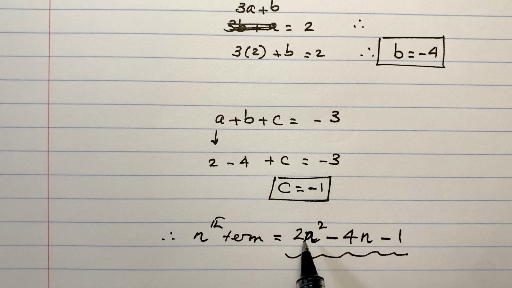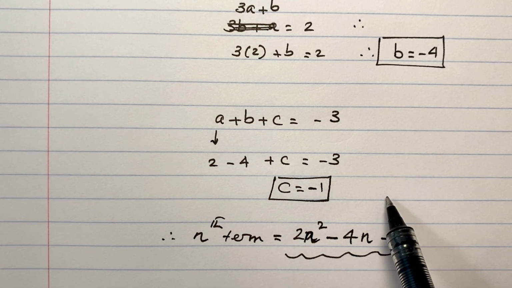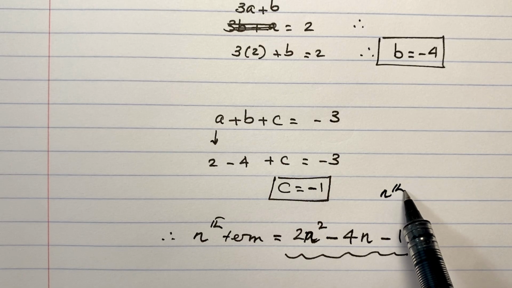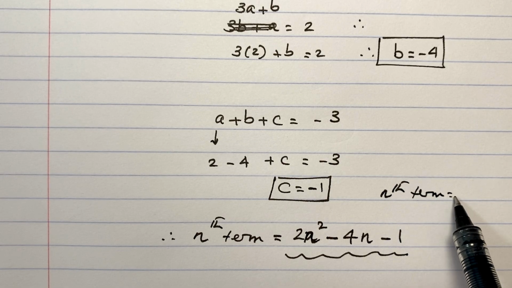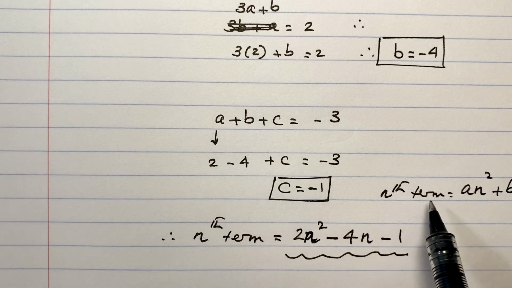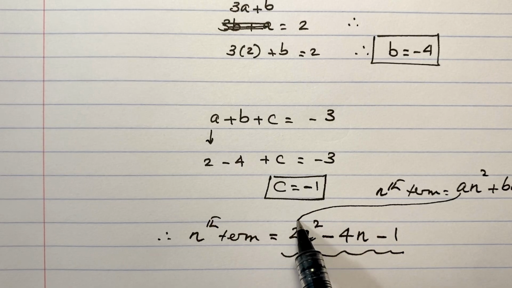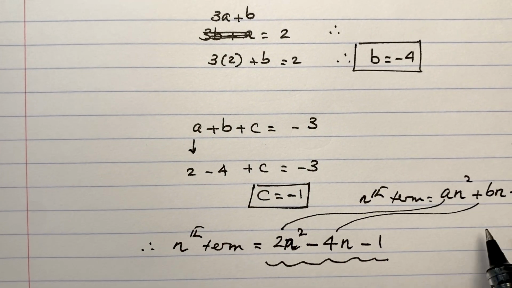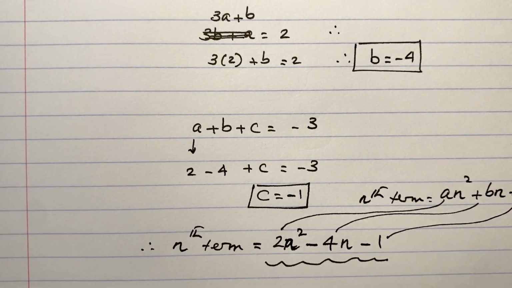I just replace a, b, and c in the general formula for the nth term, which is an squared plus bn plus c. That is my a, that's my b, and that's my c.